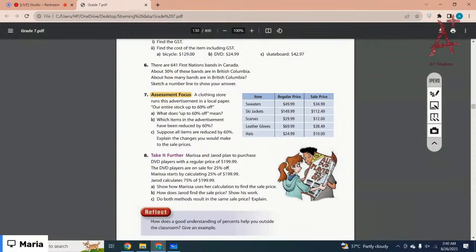These are the regular prices, right? Let's just calculate the 60% of the prices and see if they are the correct one. You have to see if 34.99 is 60% of 49.99, right?